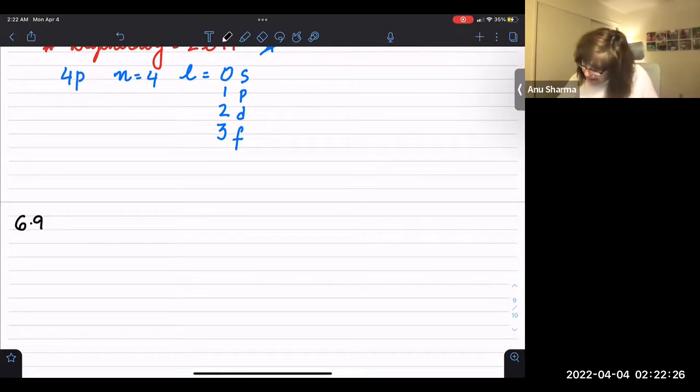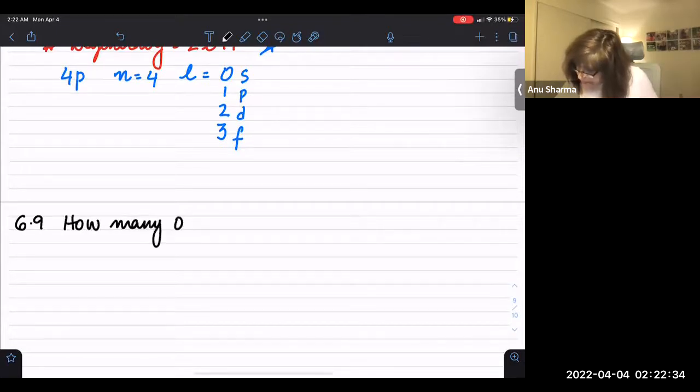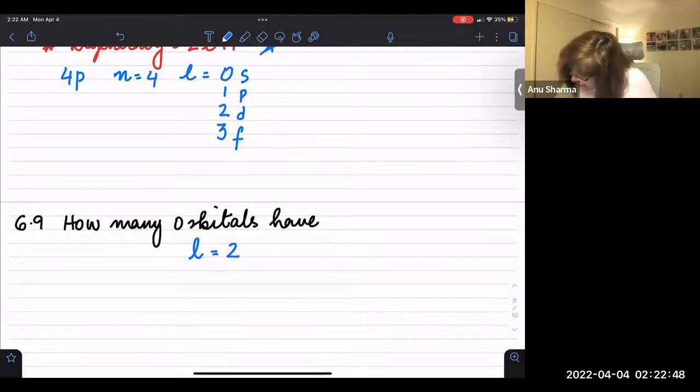So 6.9 is how many orbitals have L is equal to 2 and N is equal to 3.